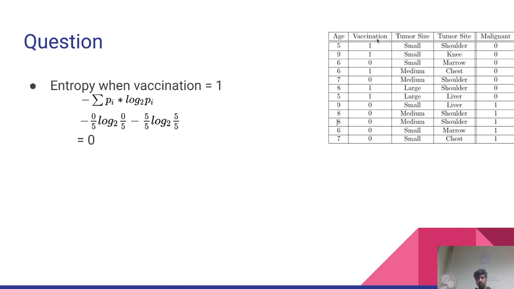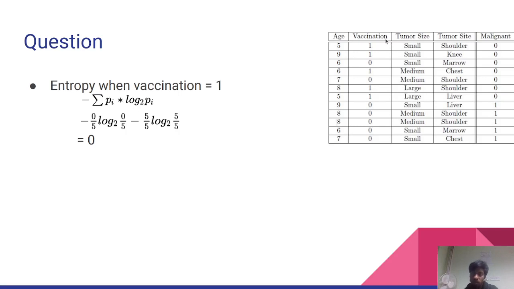Divide the data set means whenever we have 1 in the vaccination, we consider them separately, and whenever we have 0, we consider them separately. Suppose you are considering entropy with respect to tumor size, then we will consider small separately, medium separately, and large separately.